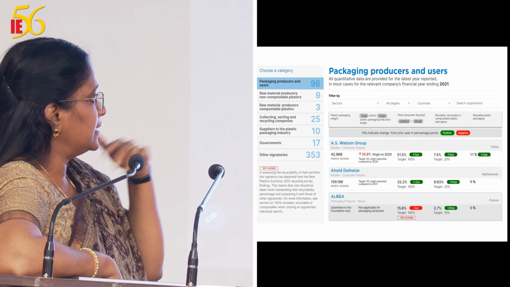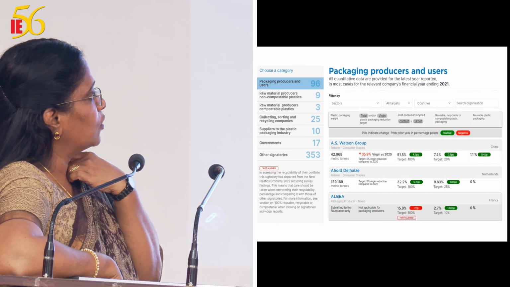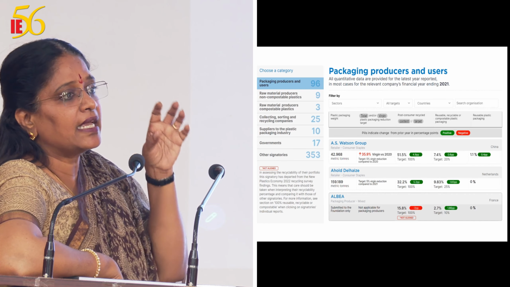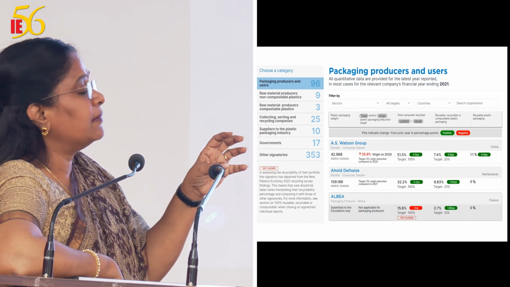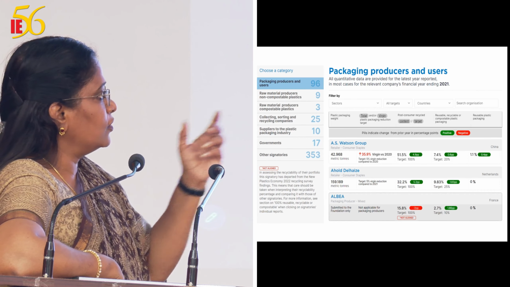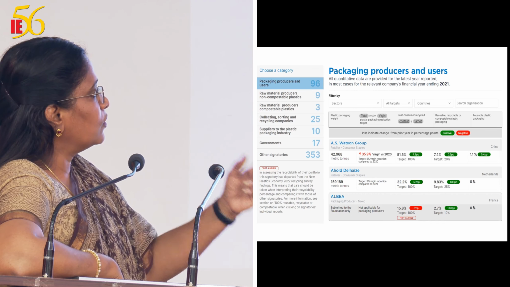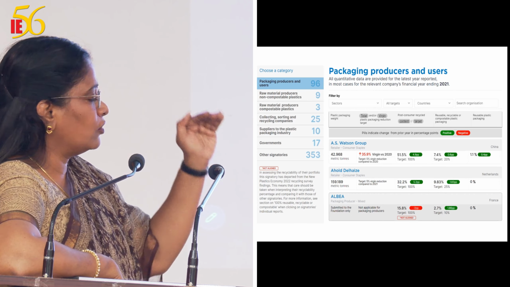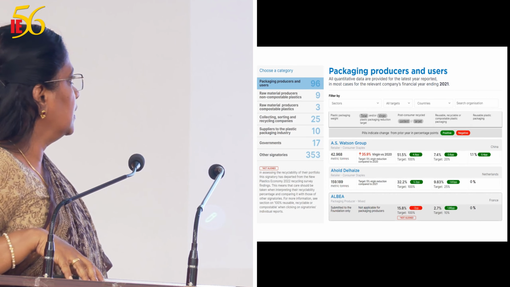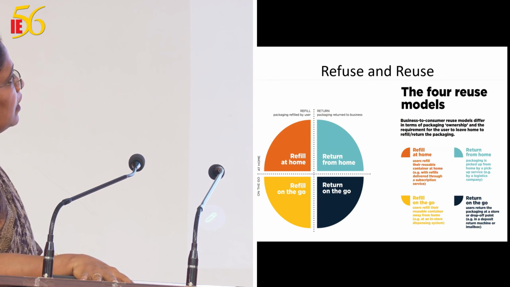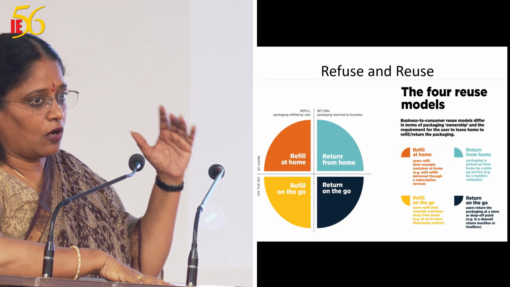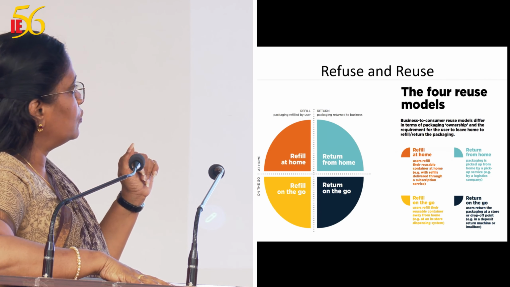So 51% is recycled from this group's plastic. And how much reusable, recyclable, compostable packaging they are including in their products. That is also documented. So every little change is documented and it's a repository of information you can look at.